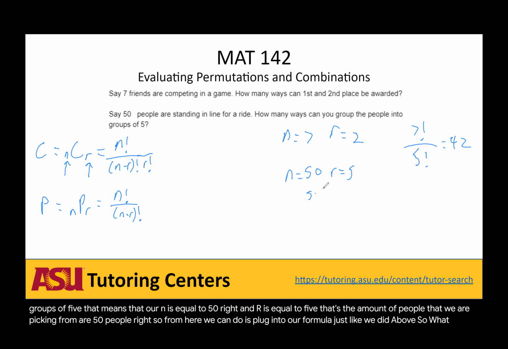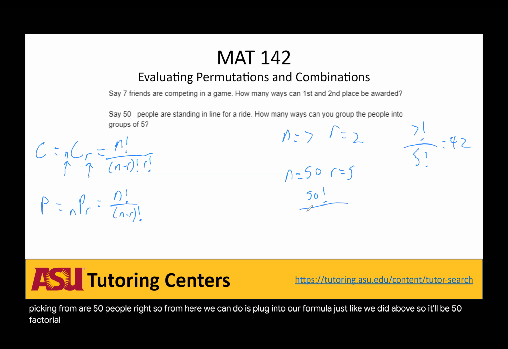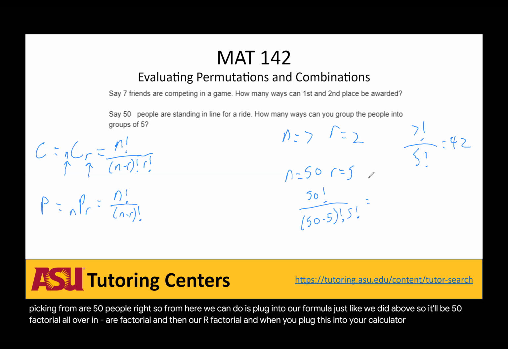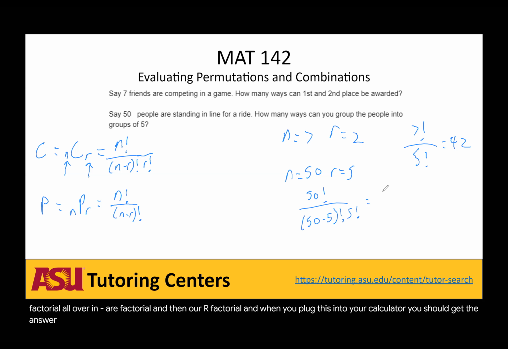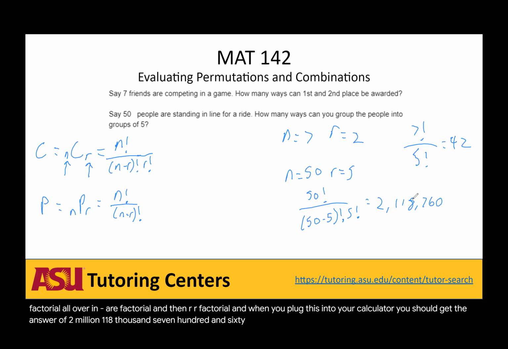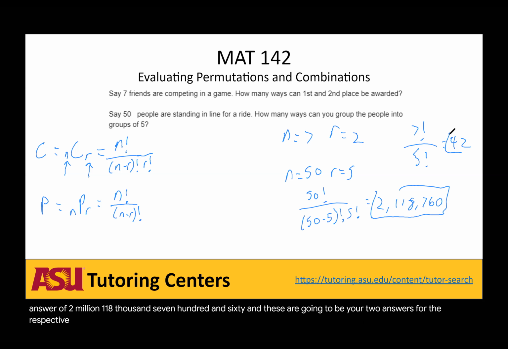So it'll be 50 factorial all over n minus r factorial, and then our r factorial. And when you plug this into your calculator, you should get the answer of 2,118,760. And these are going to be your 2 answers for the respective problems.